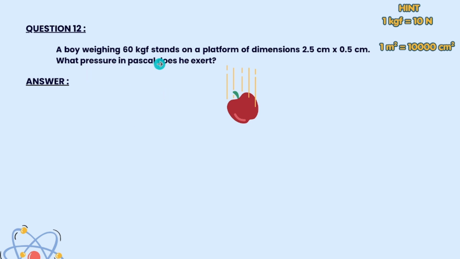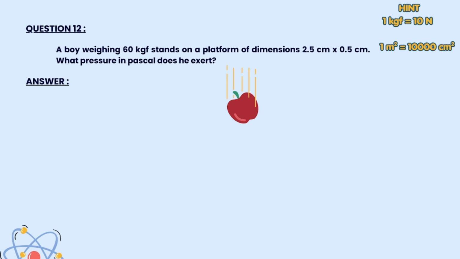Here we are converting kgf into Newton because we want pressure in Pascal. So all the units given above should be in SI units. Boy weight, nothing but thrust, it should be in Newton. So convert, 1 kgf is equal to 10 Newton. So 60 kgf will be equal to 60 into 10.